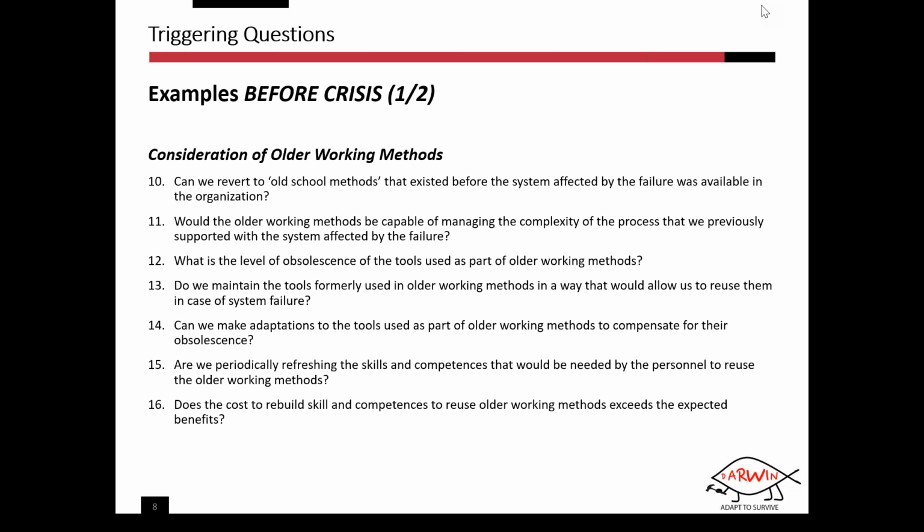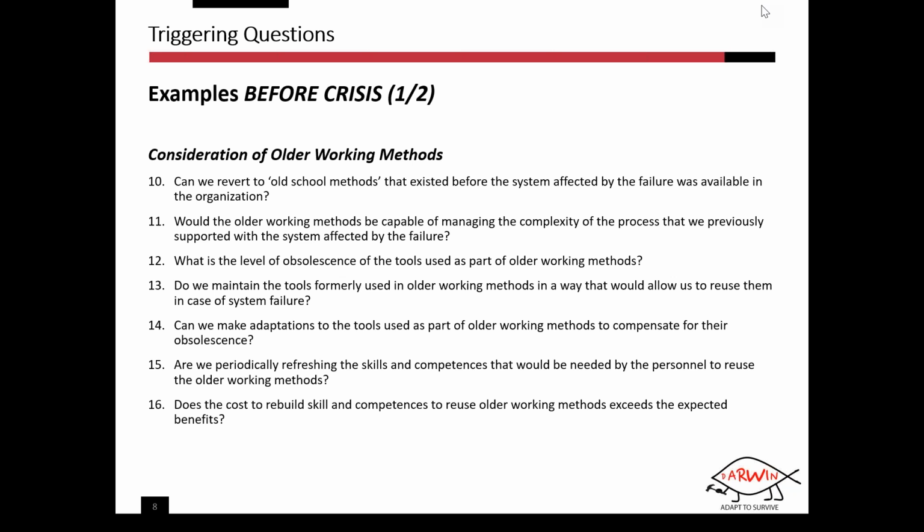For example, here, question number 10 in the handout: can we revert to old school methods that existed before the system affected by the failure was available in the organization?